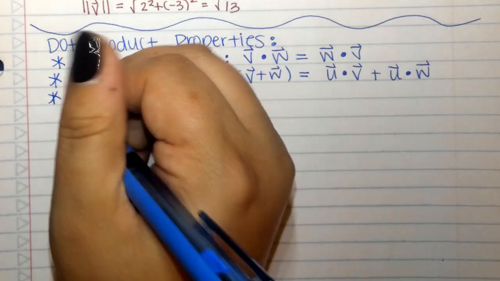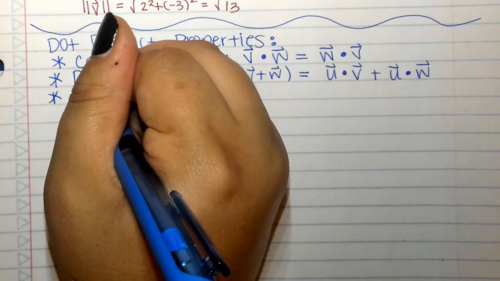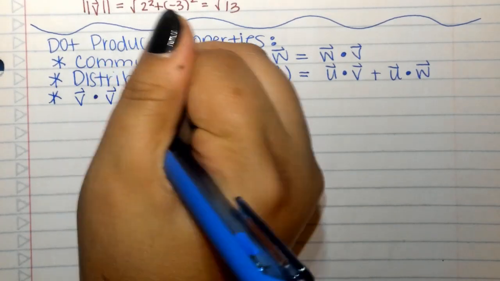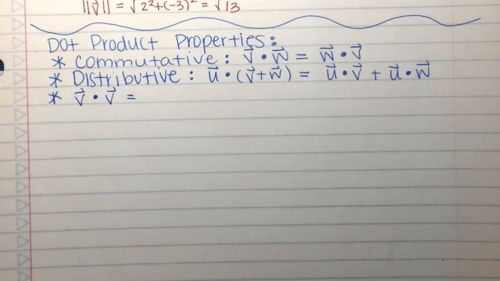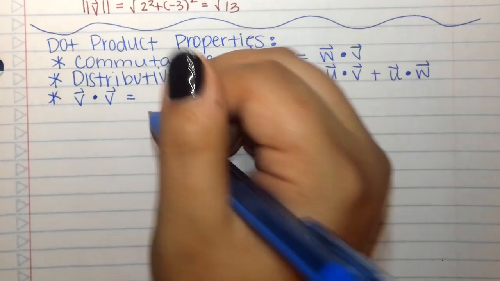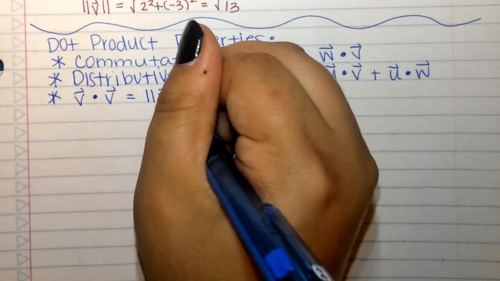And then we said this earlier, but what if you take the dot product of itself? The magnitude squared.